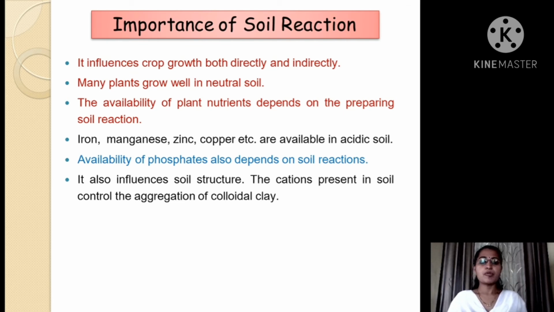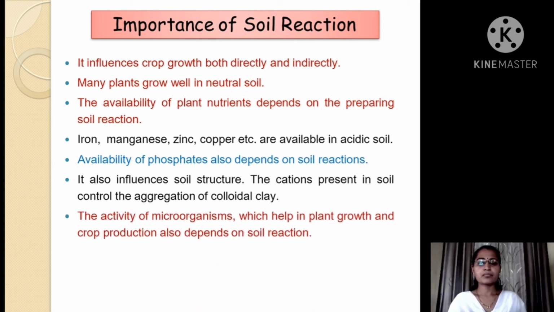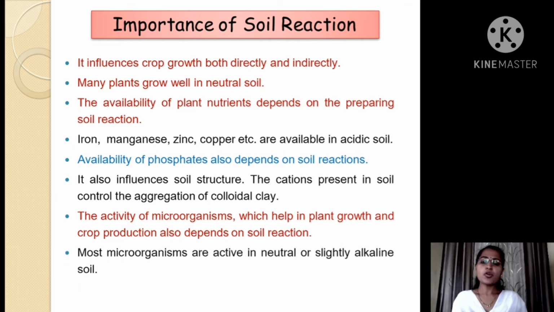The cations present in soil control the aggregation of colloidal clay. The activity of microorganisms which help in plant growth and crop production also depends on soil solution or soil reaction. Most microorganisms are active in neutral and slightly alkaline soil.